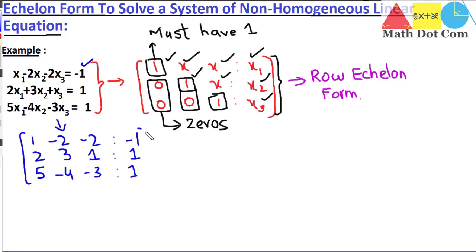So this is an augmented matrix. Why? Because this matrix consists of a matrix A and a matrix of constants that are on the other side of the equality.